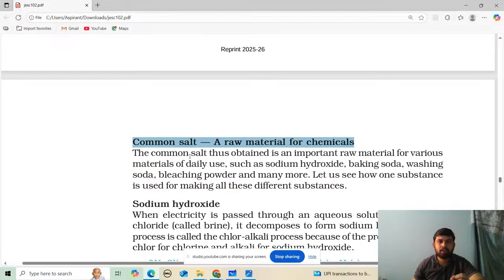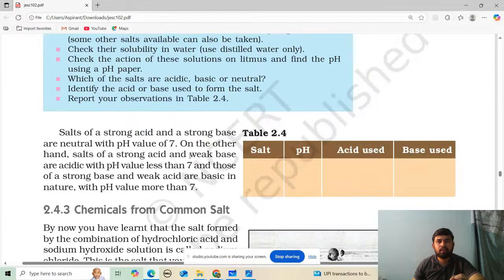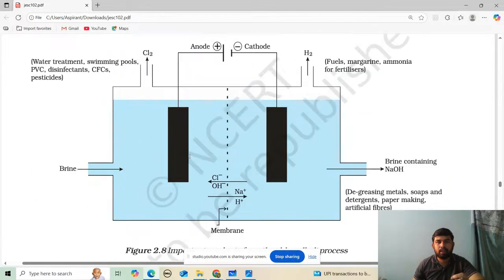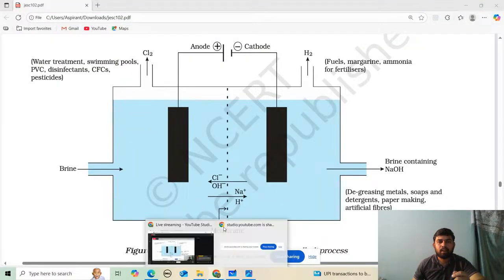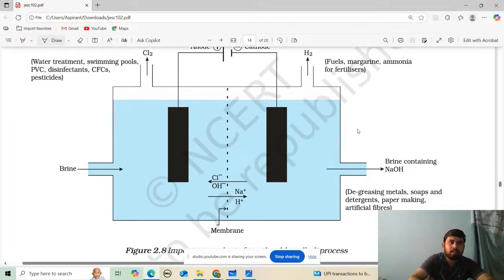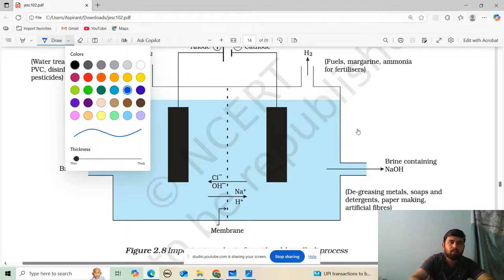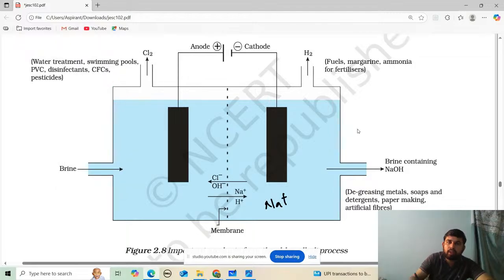As we discussed, this is the diagram of the chloralkali process. Now try to understand: why in this process are sodium ions not liberated here?